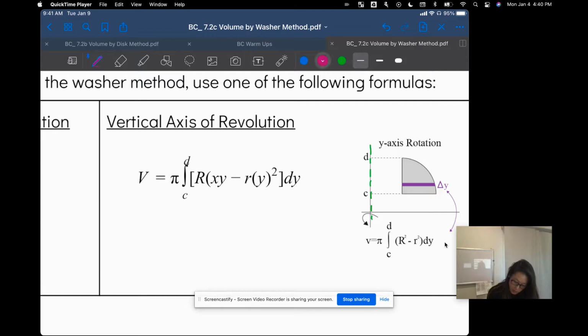From the axis of rotation to the outer curve, that becomes our big R, and from the axis of rotation to the inner curve, that becomes our little r. What we would end up doing here is swinging these lengths around to create a washer. Okay, that's the best I can do.